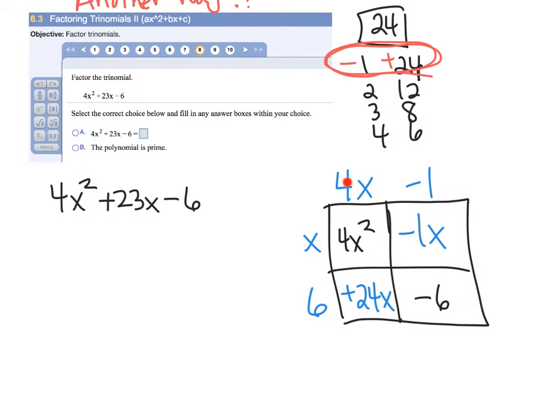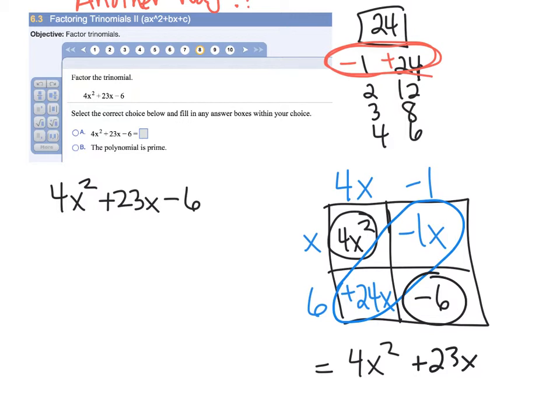So we've got 4x times x gives us 4x squared. That's right here. And then we see that x times negative 1 is negative 1x. 6 times 4x is 24x. And if we were to add these guys together right here, that gives us plus 23x. And then this guy has no like terms, so we're done.